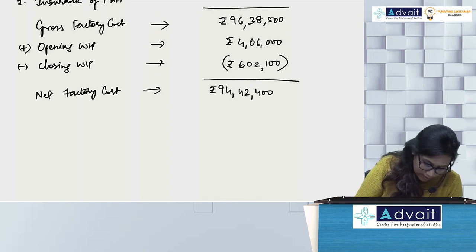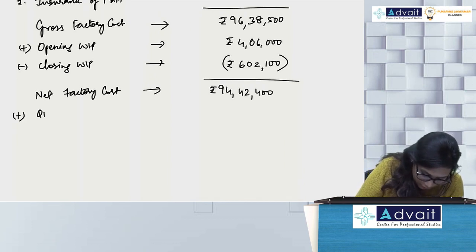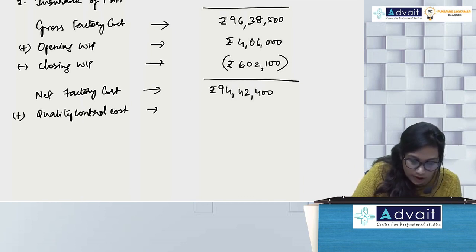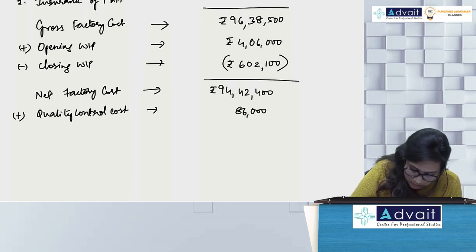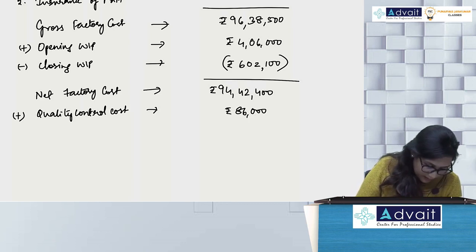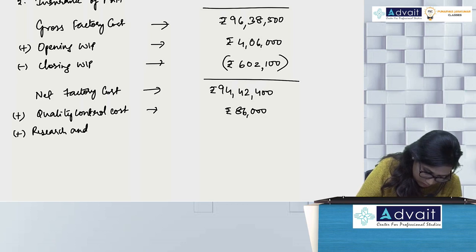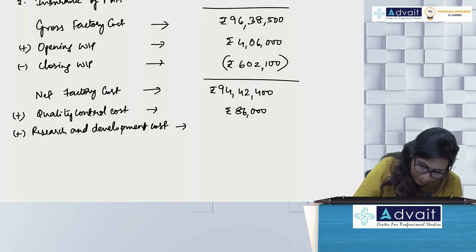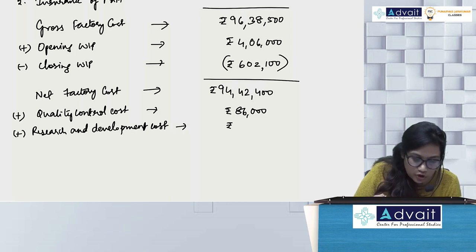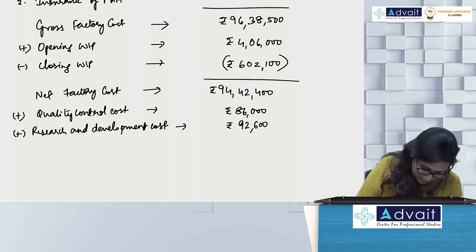Now let me make all those adjustments. So first, quality control cost. How much have they given the quality control cost? 86,000. Then research and development cost. Guys, how much? 92,600.